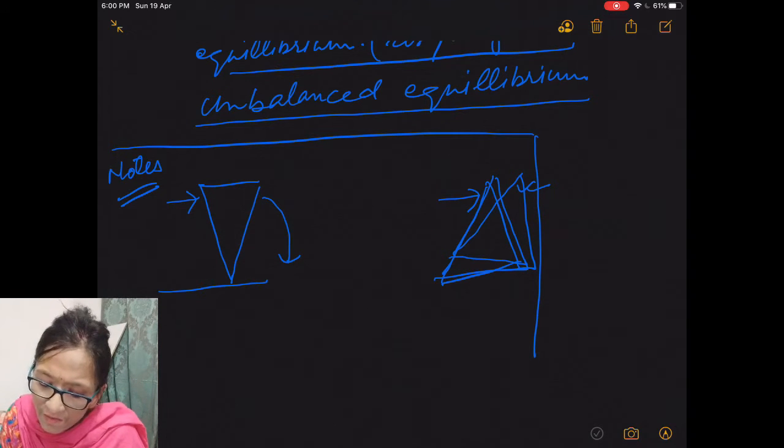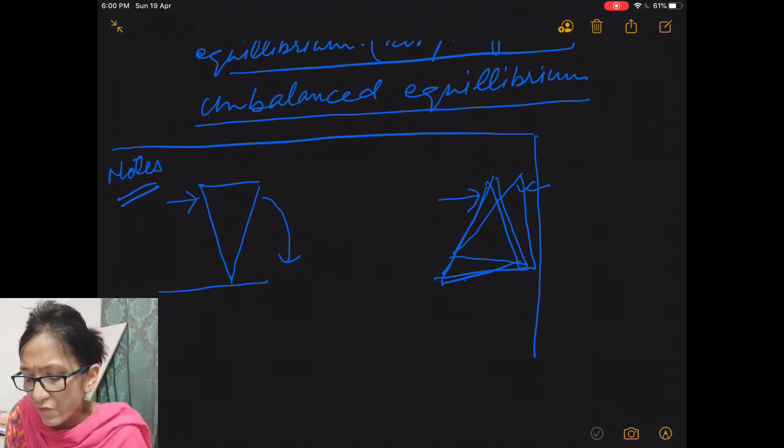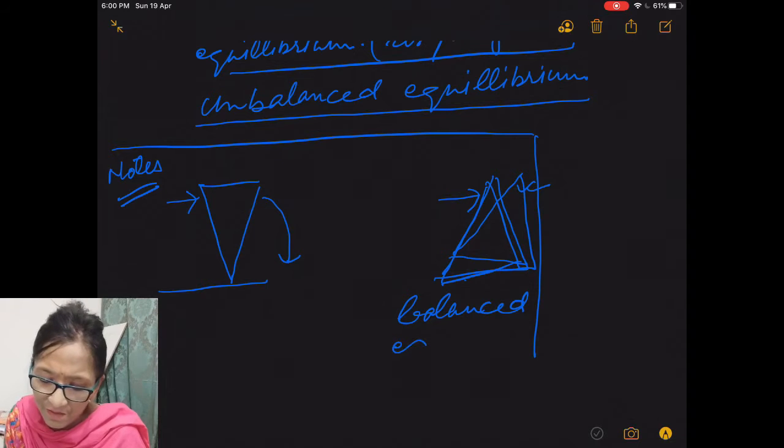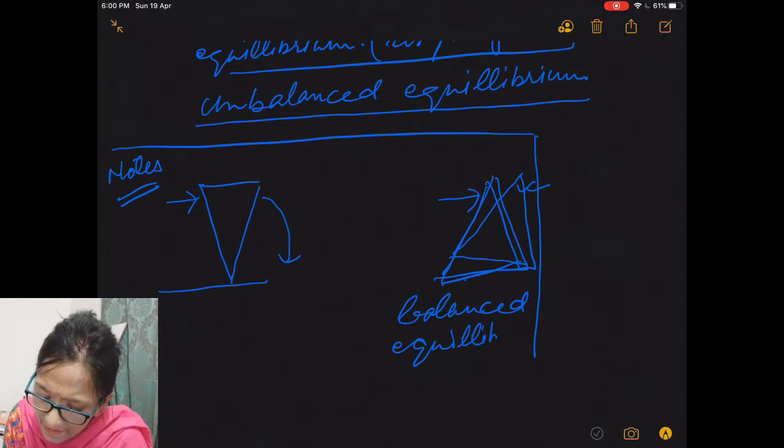So this is called balanced equilibrium. Means when you release the force, the object restores its position. So this equilibrium is called balanced equilibrium.